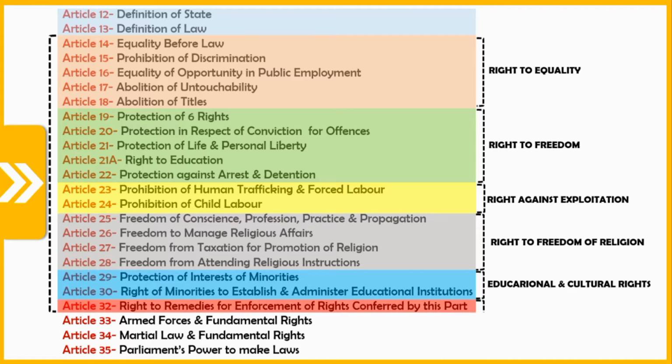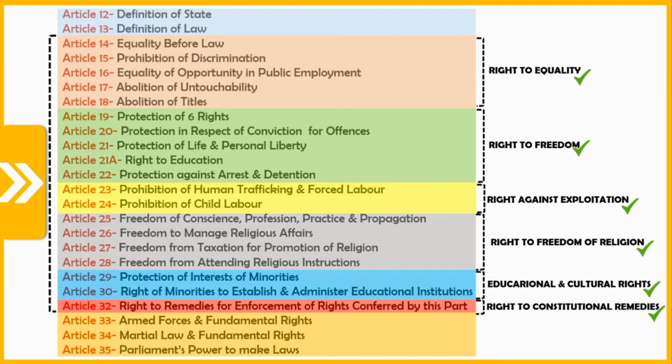Article 32, right to constitutional remedies, and the rest of the articles, that is Article 33, 34 and 35, talk about armed forces, martial law and Parliament's power to make laws respectively. So basically these 6 are the main categories of fundamental rights.